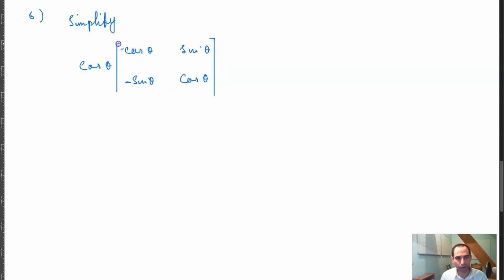Question number 6 is, you want to simplify cos theta times the matrix with rows cos theta, sin theta and negative sin theta, cos theta, plus sin theta times the matrix with rows sin theta, negative cos theta and cos theta, sin theta.